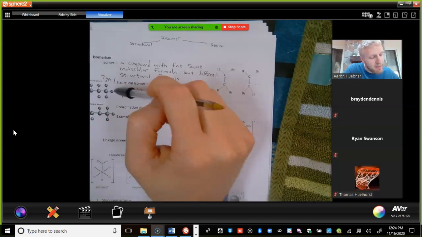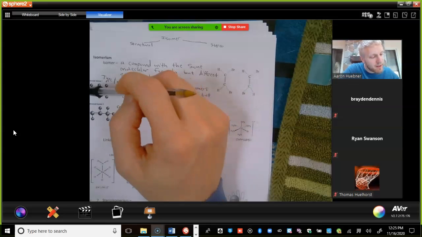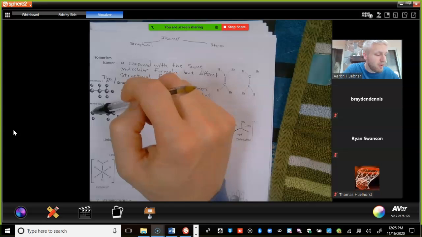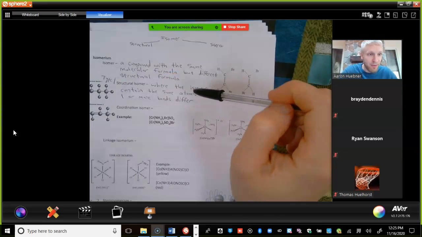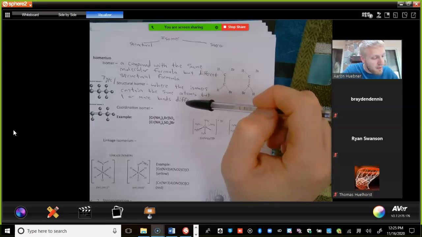Here we go, right here, same atoms, but the double bond is between carbon 1 and 2. Right here is between 2 and 3. It's going to have significantly different properties. And we're going to see that in organic chemistry when we get there. That's a structural isomer.